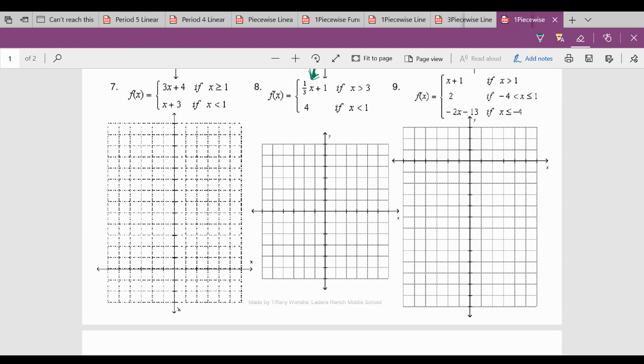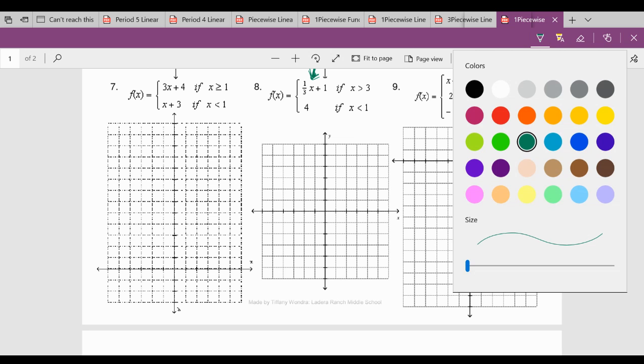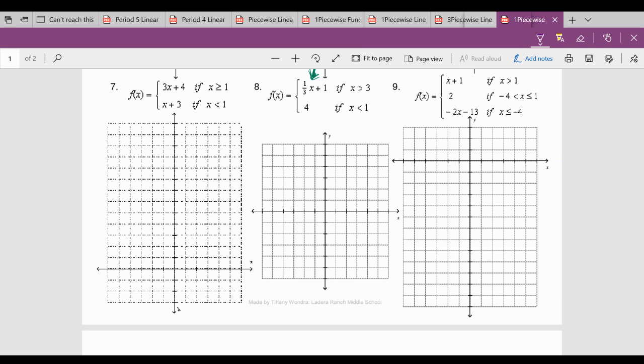All right. On this next one, 3x plus 4 is what I start with. This one's a little hard to see. My y-intercept is 4 and my slope is 3. So I'm going to go up 1, 2, 3, and over 1, up 1, 2, 3, over 1, up 1, 2, 3, over 1. Or I can go down 1, 2, 3 to the left 1.